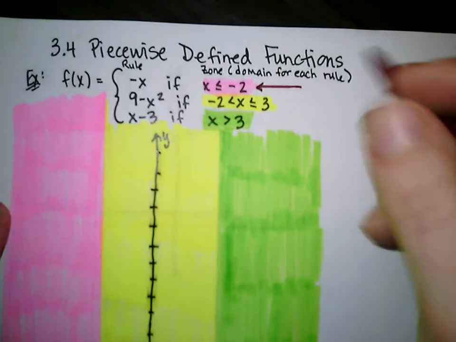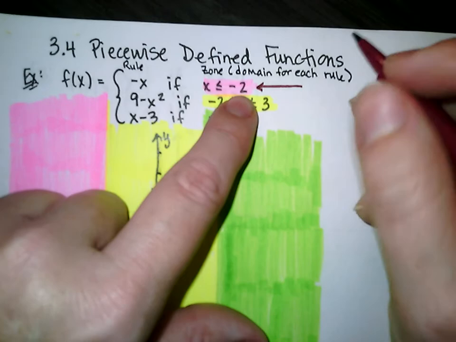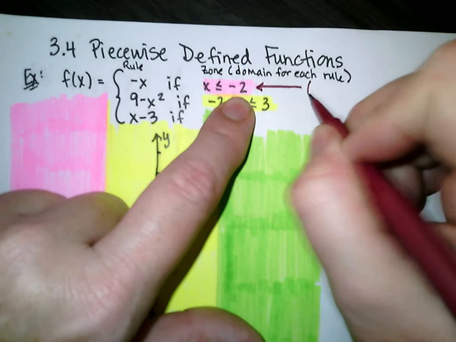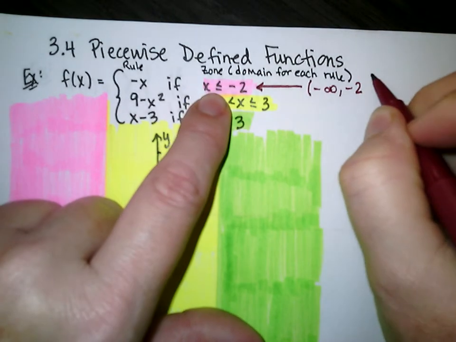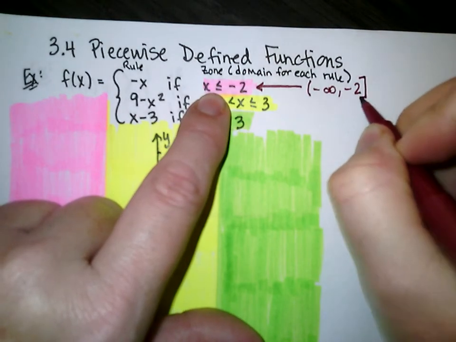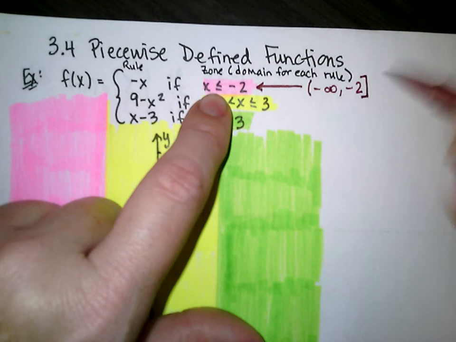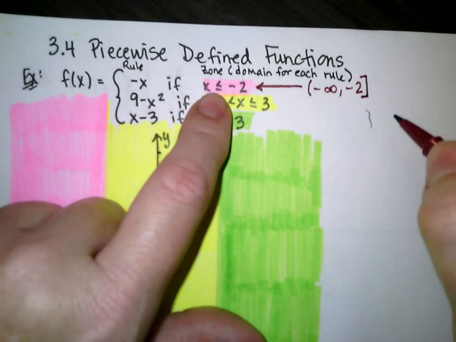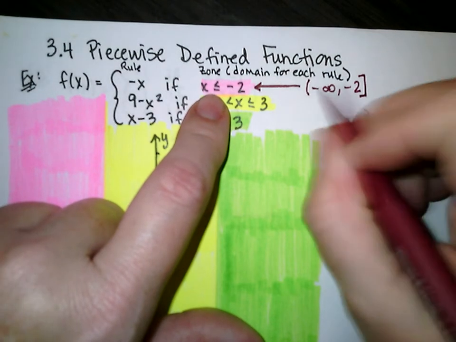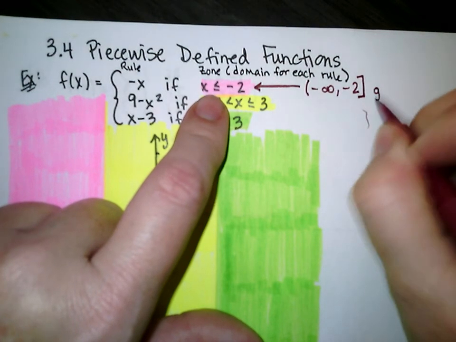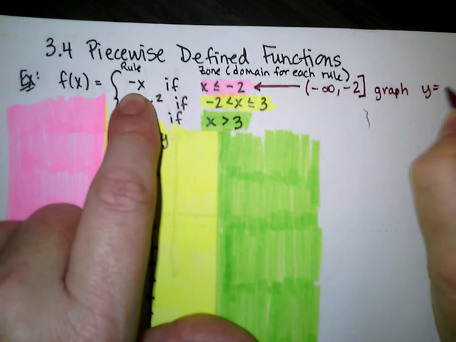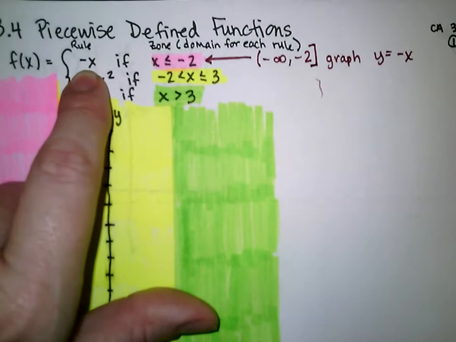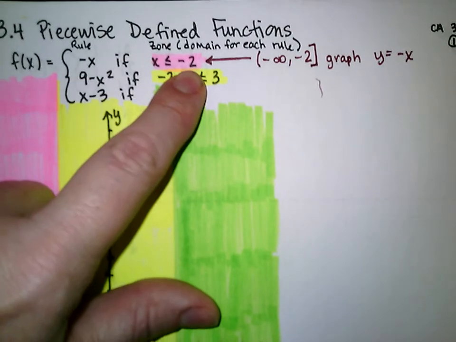Almost looks brown. So this zone here is going to go from -infinity up to -2. Since it has that closed symbol, it's going to be a closed bracket like that. And on this section, we're going to graph y equals -x, because that's the rule that goes to that zone.